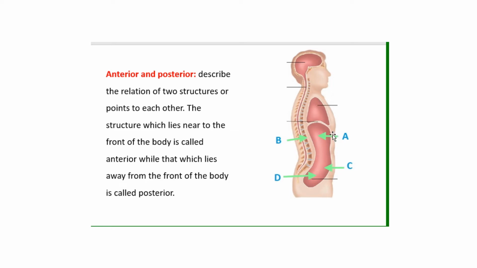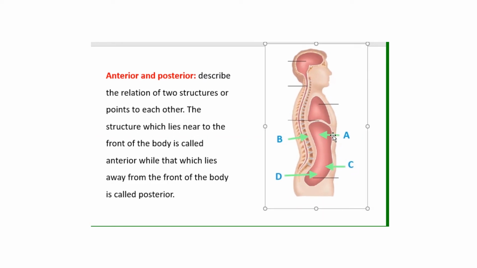If a point is put here and determined one here at the tip of the arrow, it is anterior to this point.